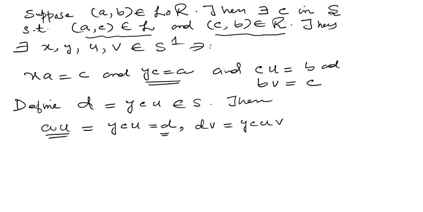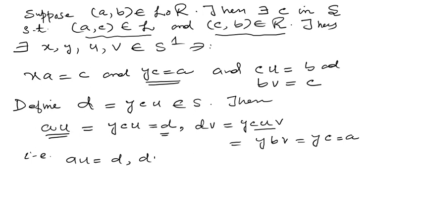Now this CU is equal to B, so this is YBV, and BV is equal to C, this is YC, and this YC is equal to A. So AU is D, and DV is A. So this means that A and D are R related because we have elements U and V for AD, and these elements are on the right hand side.